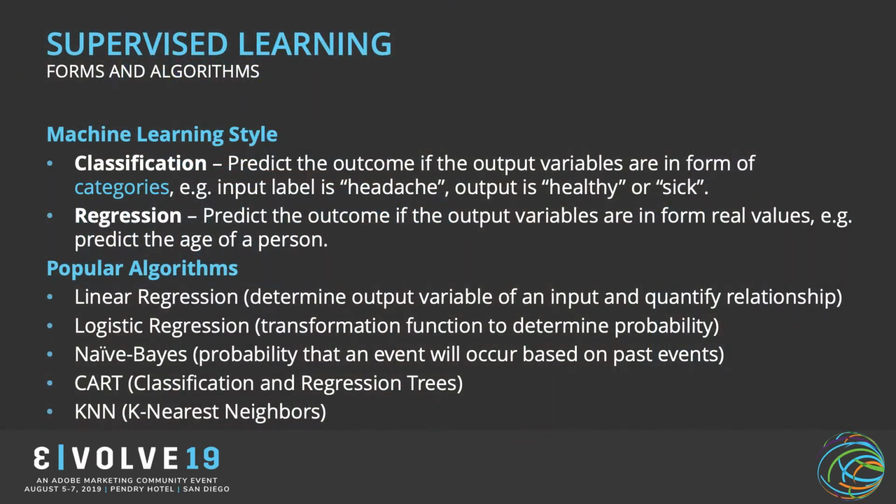So if we look at supervised learning, remember the one where we know what data goes in and we know what data is being expected, we have some categories like classification and regression.